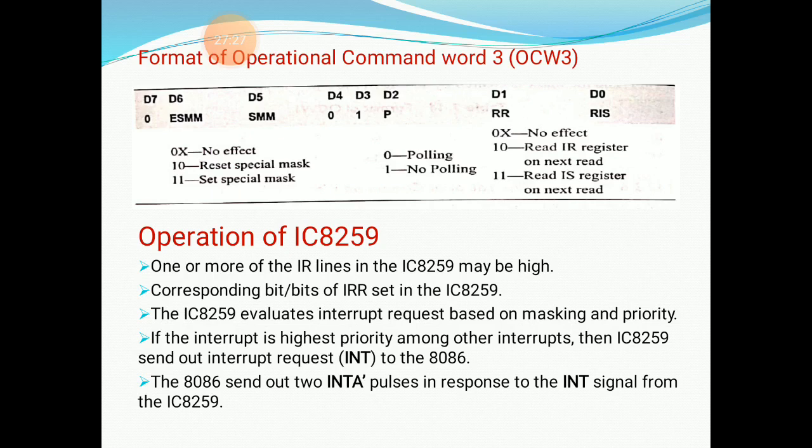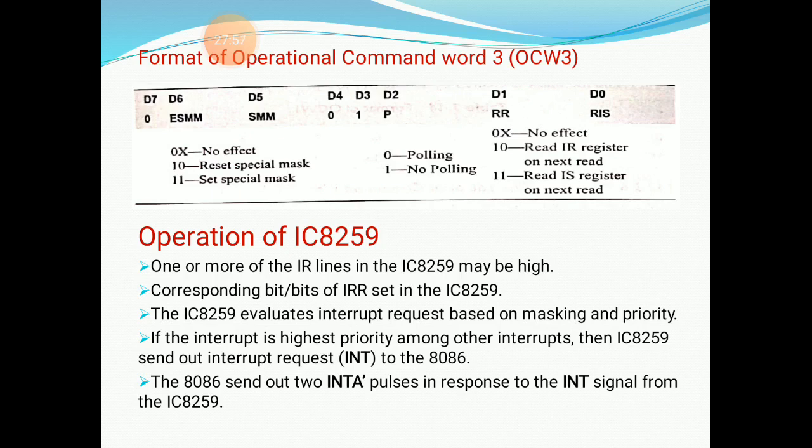D5 represents special mask mode. These 2 bits combined act as 2 operations. 0x represents no effect. 10 performs reset special mask. 11 performs set special mask. D7 bit is always 0.